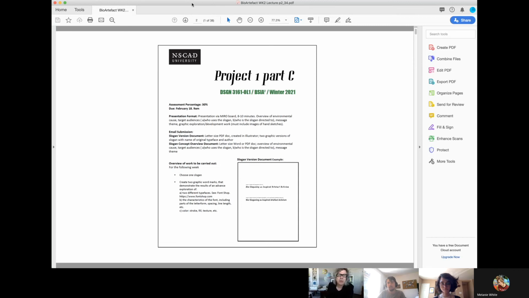Then there are two documents that you're going to submit to me via email at the end of class. One will be a slogan version document, which is the second document I sent in the email, where you'll see the example. This is just a simple letter-sized document created in Illustrator with two graphic versions of the slogan with the name of the original typeface and author. So basically, you're only producing two graphic versions of the slogan.